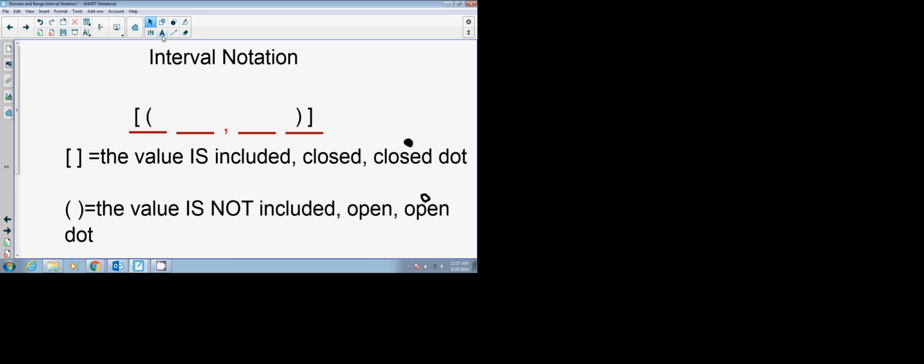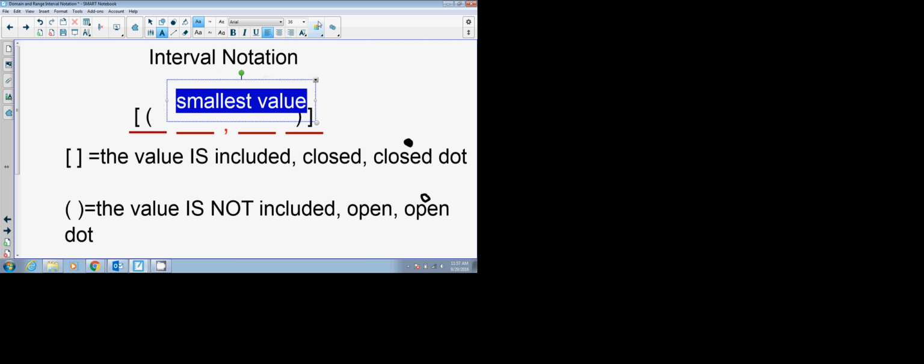Inside those brackets or parentheses, you first put the smallest value. So that's what comes first inside the bracket or parenthesis.